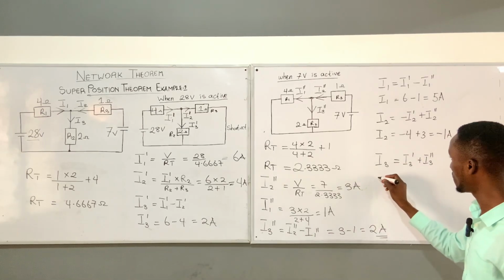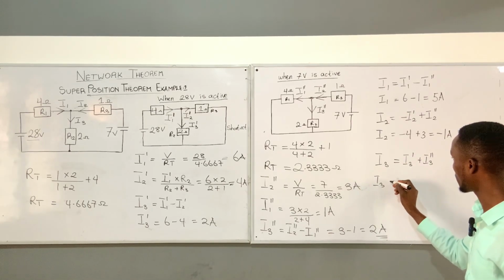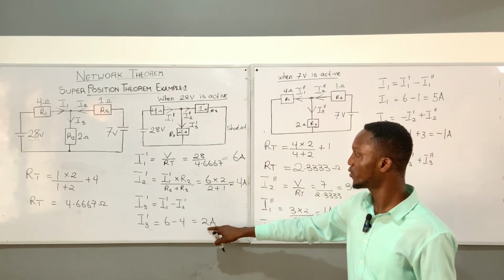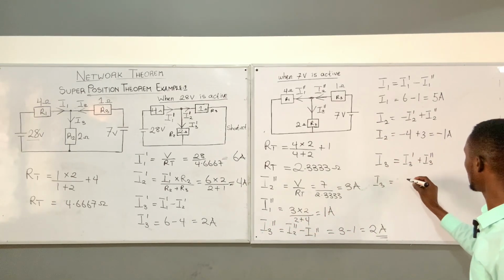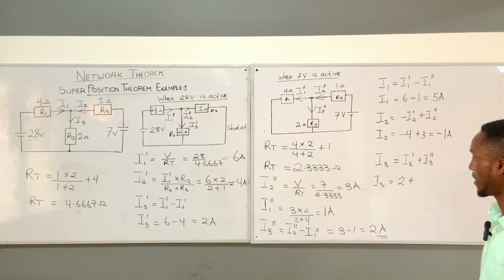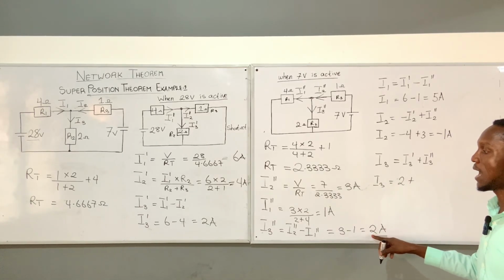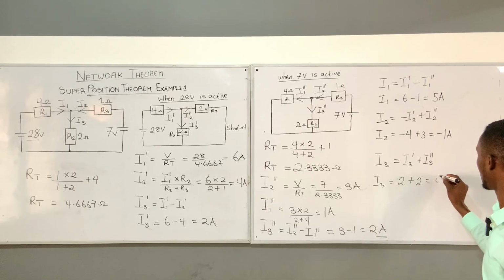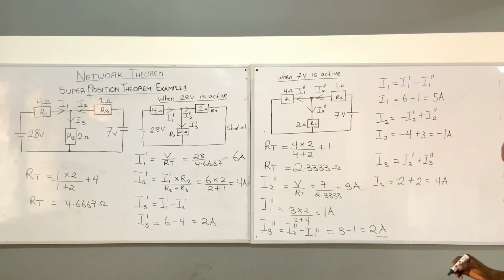Alright, so now when we input these values, what is the value of I3 prime? We got 2 amps. So I write my 2 plus, what is the value of I3 double prime? We got another 2 amps. So when I write this, the final answer is 4 amps.